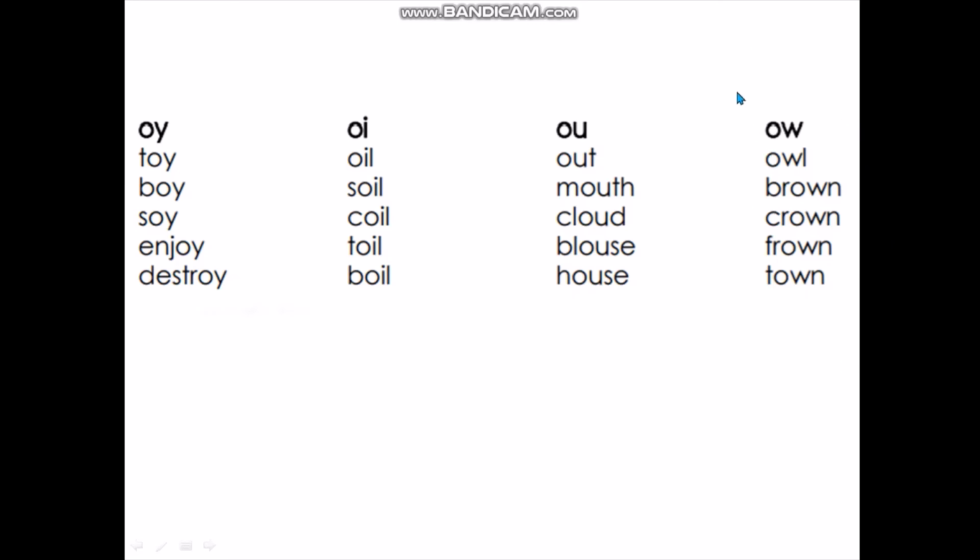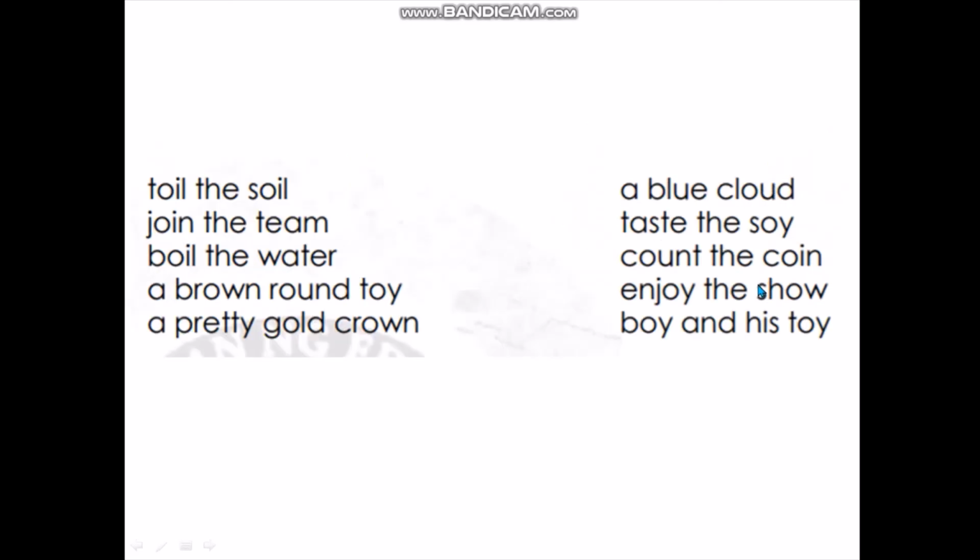Next, ow. We have owl, brown, crown, frown, town. Now, your turn to read. Good job. So now, let's read phrases containing vowel diphthongs.